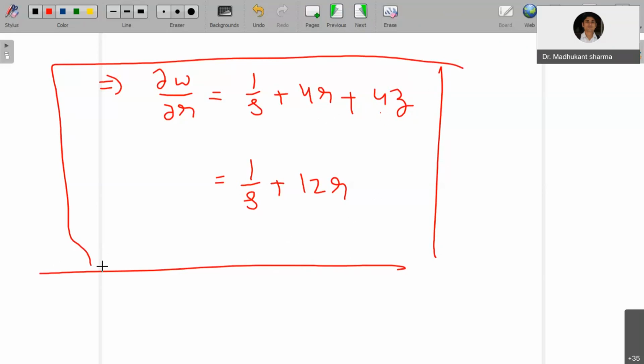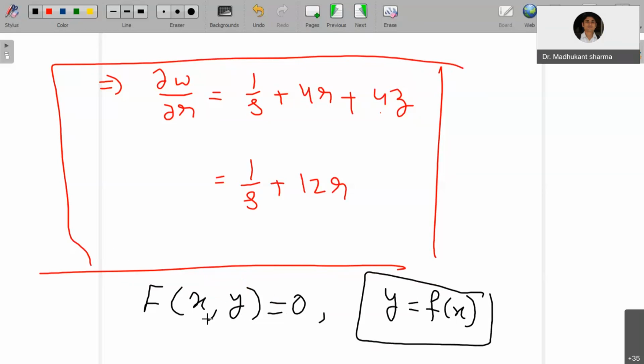Okay. Now, this chain rule will give you a very interesting thing called implicit differentiation. Suppose you have a function of two variables, F of x comma y, equal to 0, and note that y depends on x.